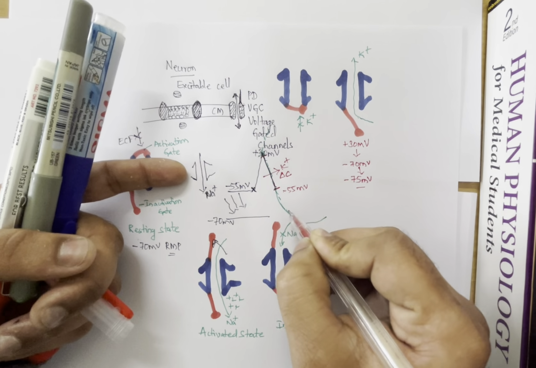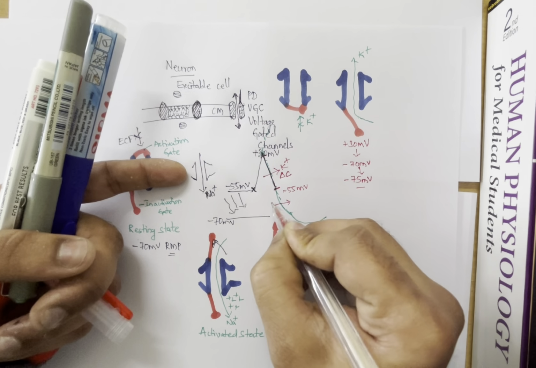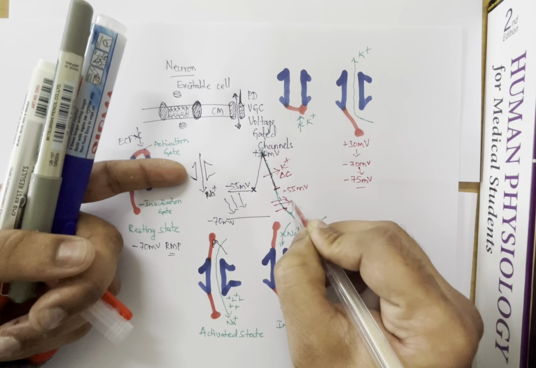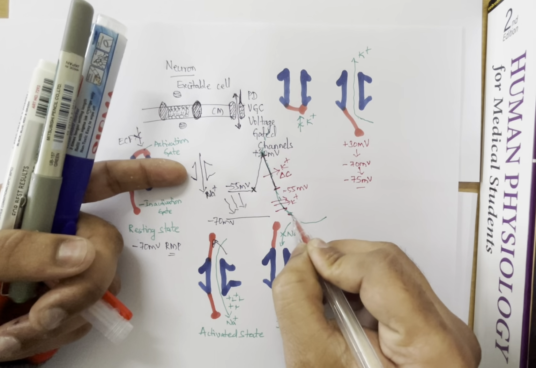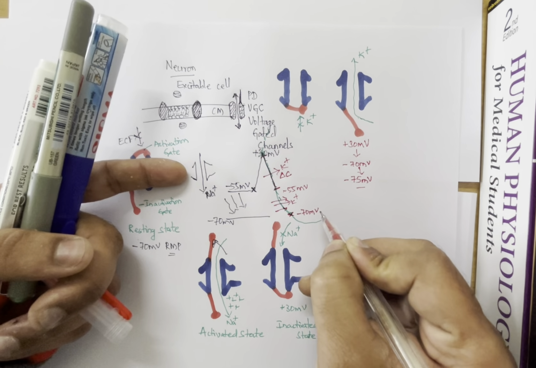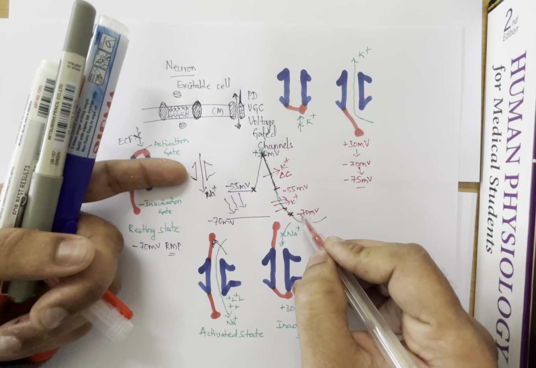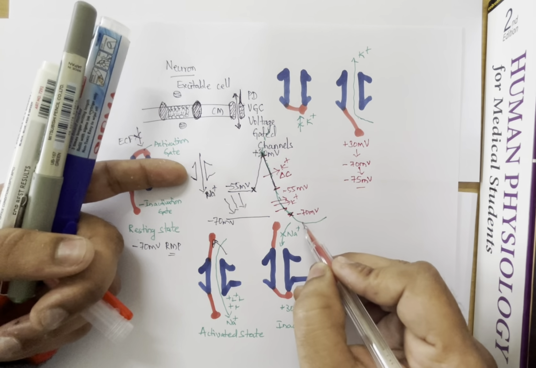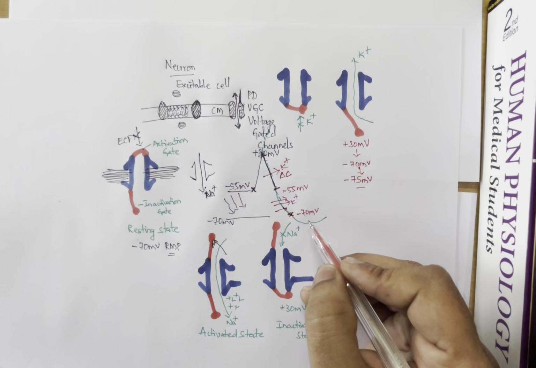From minus 55 there is continued potassium efflux, restoring the membrane potential from minus 55 to minus 70 millivolt. This is slow repolarization.